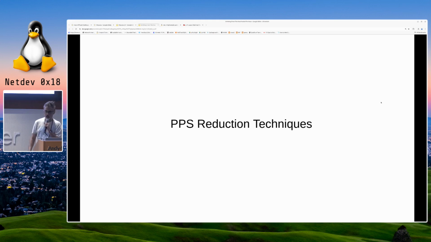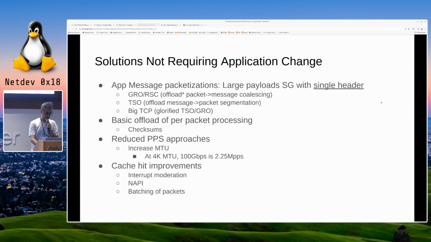So one of the techniques is packet per second reduction. Like I said, if you can go down from 35 million to 250,000 packets per second, your cost per packet is reduced, right? And your PCI bus transactions may not be as affected.